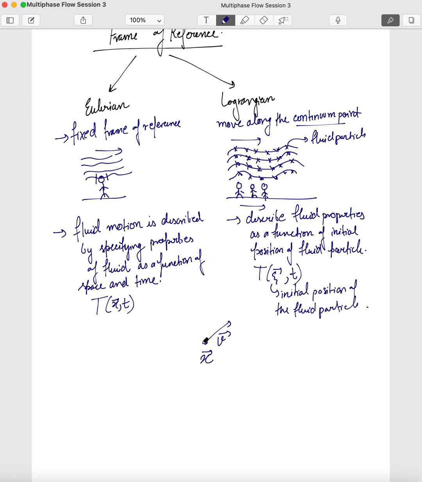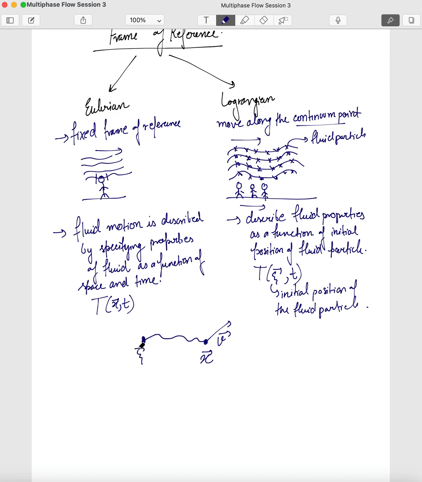So at this point the velocity of this particle is v. Okay, and so if this particle is following this path, then just before reaching here, it is at some point, that is zeta.